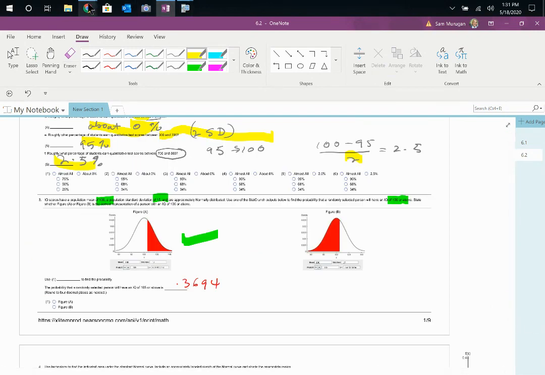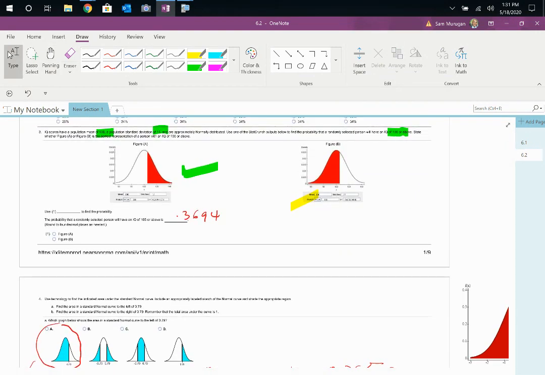The next problem, question 3, represents a printout from the StatCrunch program, and they're asking you to identify the correct graph. I think I smudged this just a little bit, okay? To identify the correct graph.